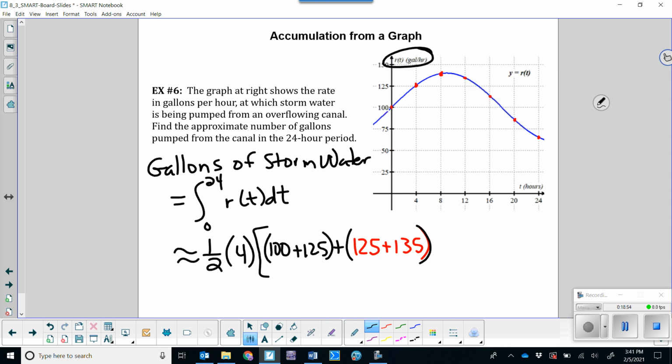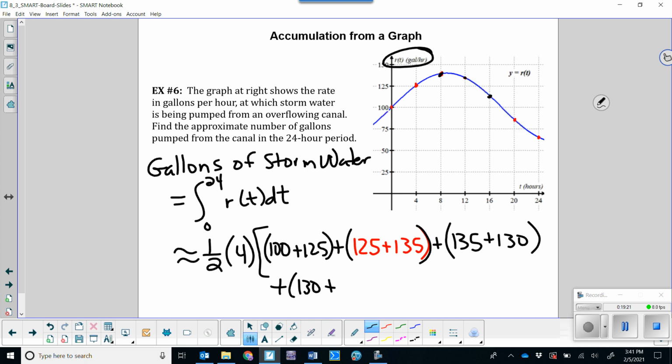Then we're going to do the next one, which will be 135, because it'll be this side and this side, and then that one looks to be about 130, possibly. Normally, I think on an AP test, they're going to kind of give you some of those numbers. So then the next one would be that 130 again, plus this value, which appears to be about 110.